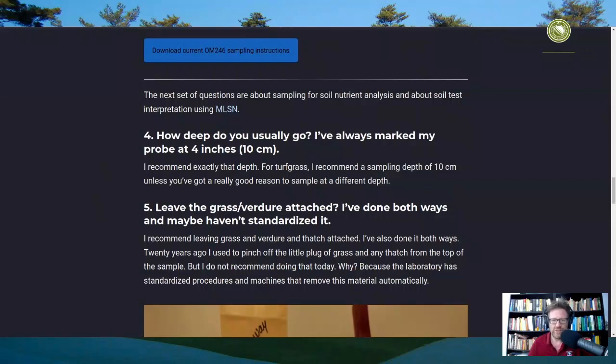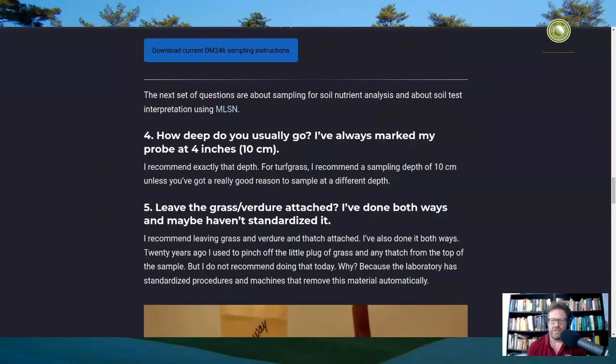So for this one, the questions begin with, how deep do you usually go? I've always marked my probe at 4 inches or 10 centimeters. And my answer was, I recommend exactly that depth. For turfgrass, I recommend a sampling depth of 10 centimeters, unless you've got a really good reason to sample at a different depth.